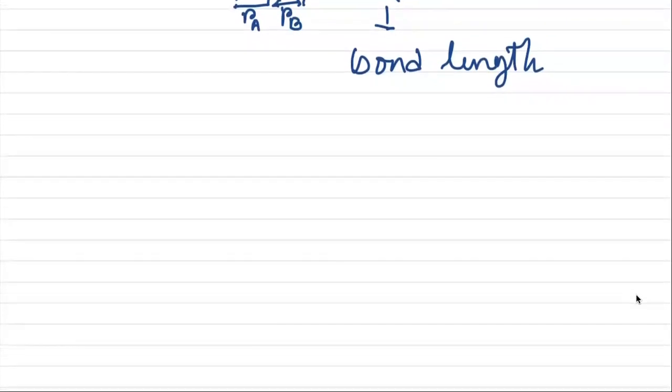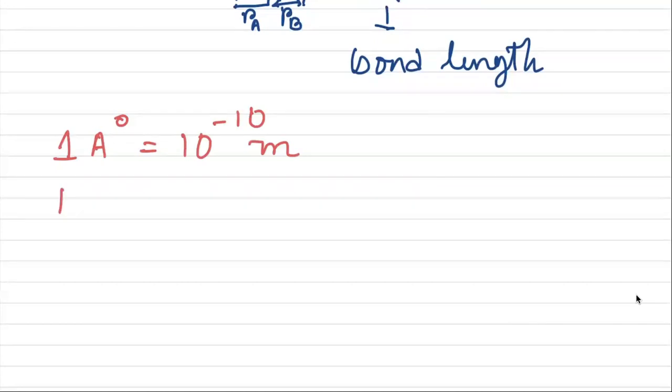Now, bond length is usually expressed in angstrom units. 1 angstrom is equal to 10 to the power minus 10 meter, or in picometers. Sorry, 1 picometer is equal to 10 to the power minus 12 meter.